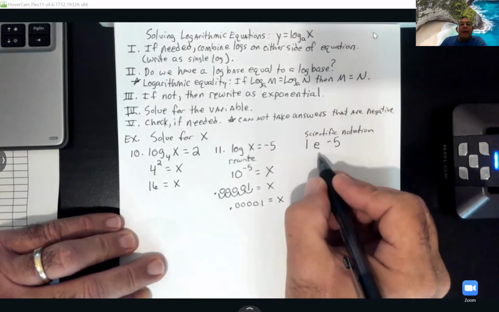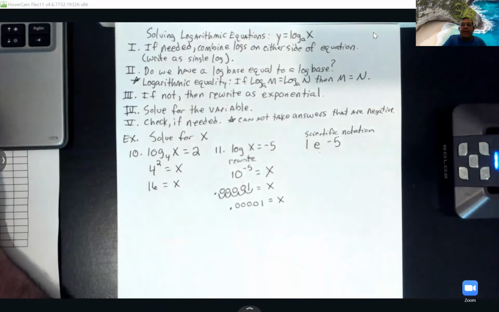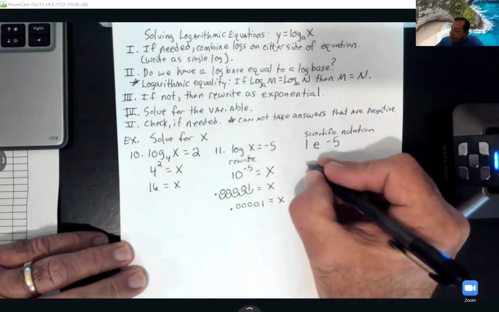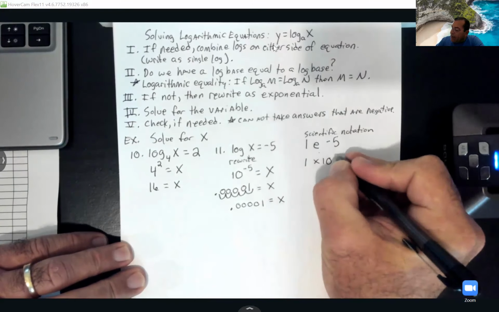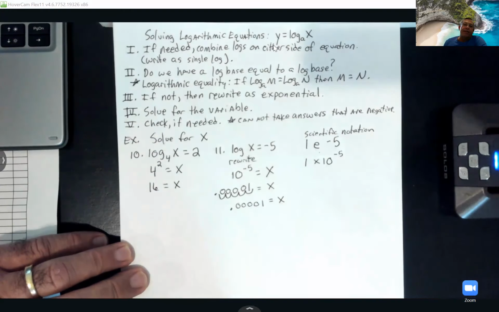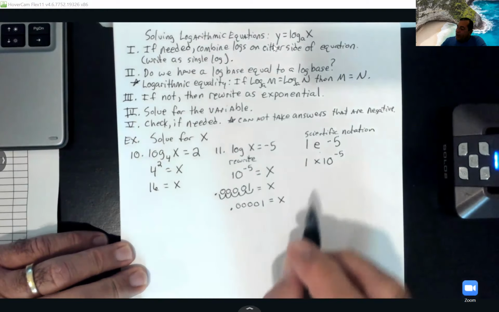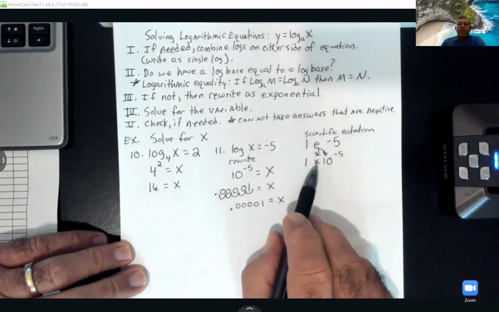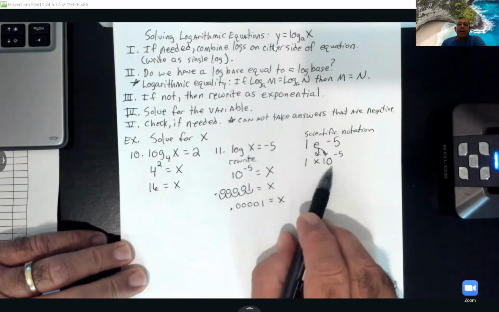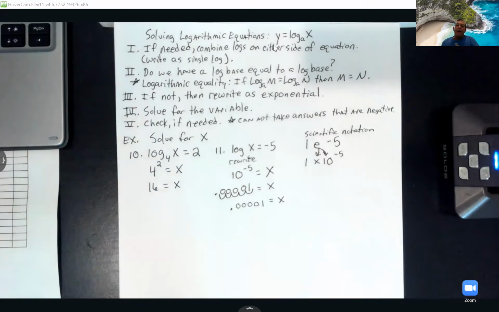And this e basically means times 10. So when you see something like this, this means 1 times 10 to the negative 5th. That's all this e means, it's shorthand for that times 10 part, okay?